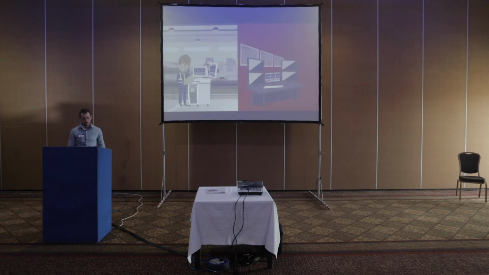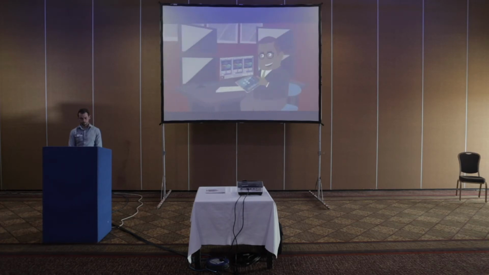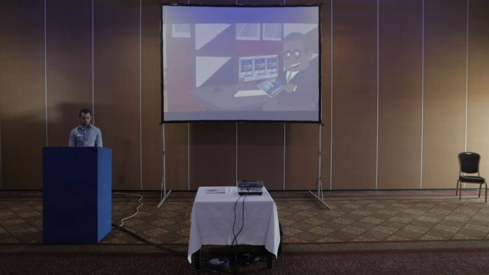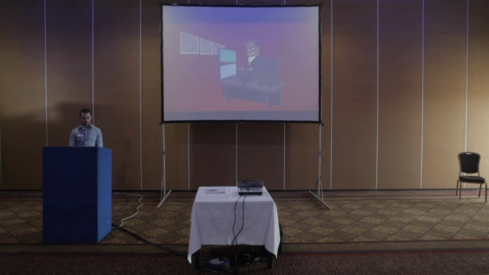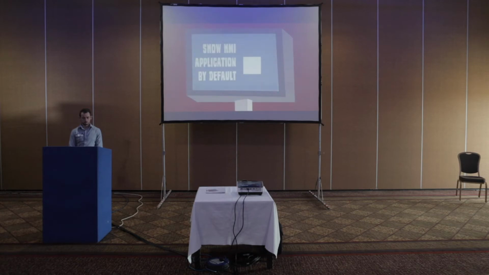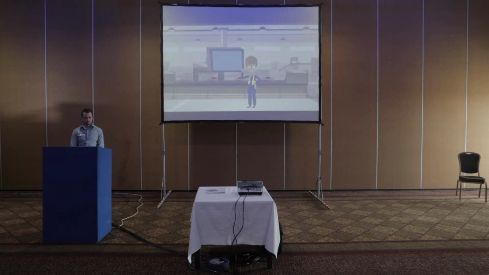Here we have a side-by-side view of our production floor with our line supervisor Jim and our control room with Phil, our controls engineer. Phil is using Theme Manager to set up the packaging line terminal where Jim primarily works. Phil sets this terminal by default to show the HMI for the packaging line. This allows anyone at the line to see the HMI and current status of the packaging line.